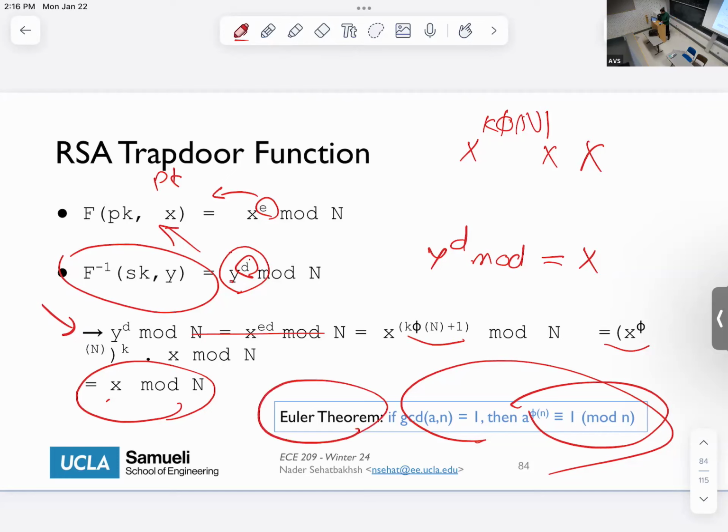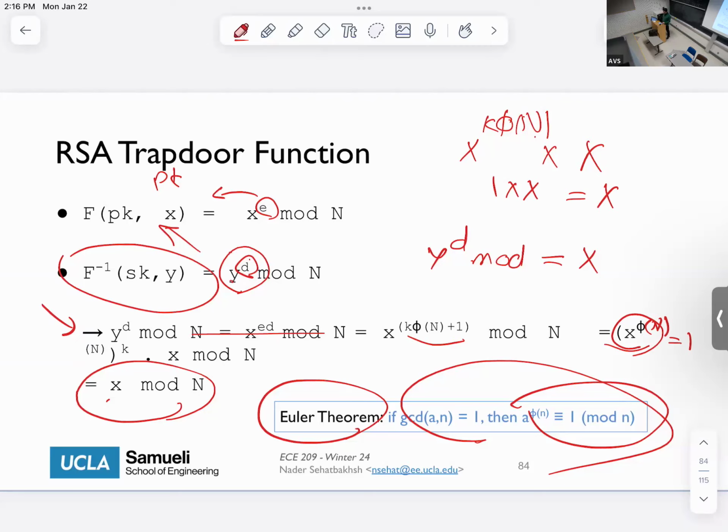So in other words, x to the phi(n), this should have been phi of n, is equal to 1 modulo n. So x to the phi(n) times x is 1 times x. In other words, it's x. Okay, so that's how we get from y to the power of d mod n to x mod n. That's exactly what you want, right?